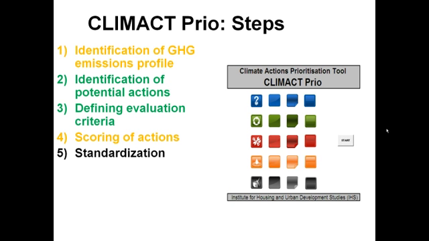The next one is the standardization. What is standardization? The idea is that having multiple objectives being measured in different measurement units, like tons of CO2 emissions, hectares for land use, number of jobs. So having different units, how can we translate that into one common measurement scale? This step is called standardization.